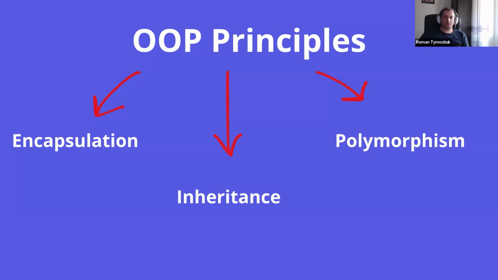And the last one, polymorphism. Yeah, please don't be shy. It is a different implementation of the same method. For example, the superclass, maybe Shape, has some child classes like Circle and Square.